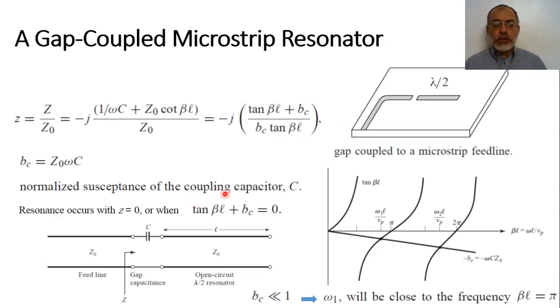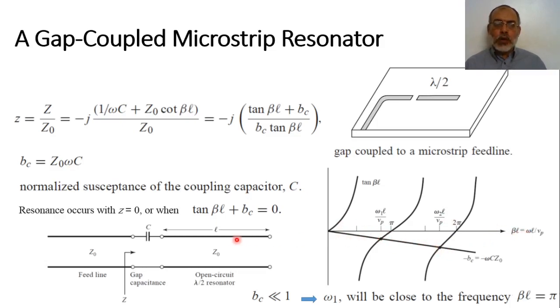Actually, this condition of resonance can be solved graphically as we can plot the value of tan beta L as a function of beta L, and on the other hand we can draw the value of BC, which equals Z naught omega C, as a function of omega.